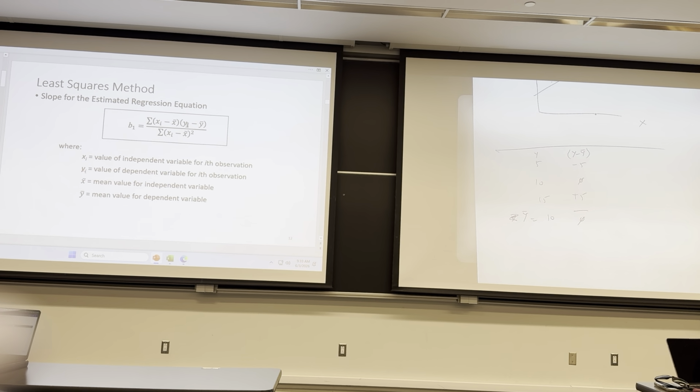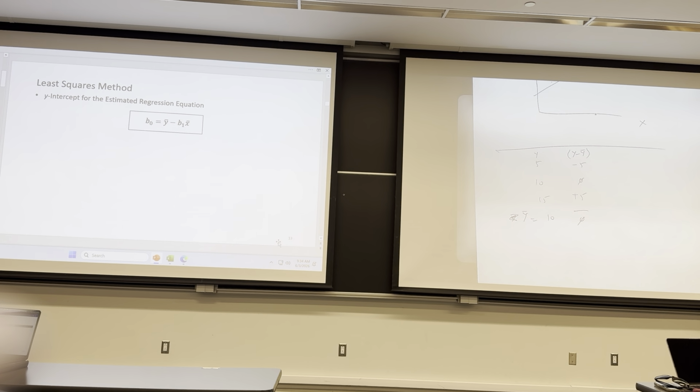This is your dependent variable, and this is the mean value of the dependent variable. The dependent variable is sales, and the independent is, let's say, advertising. Now, as far as the intercept is concerned, small b0 is the mean value of y minus b1 times x bar.